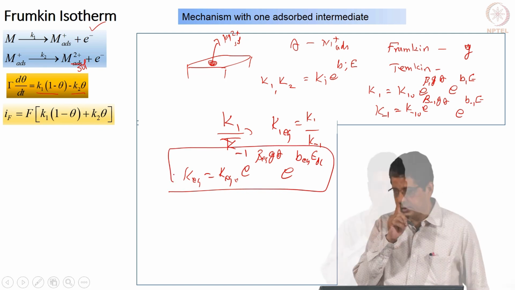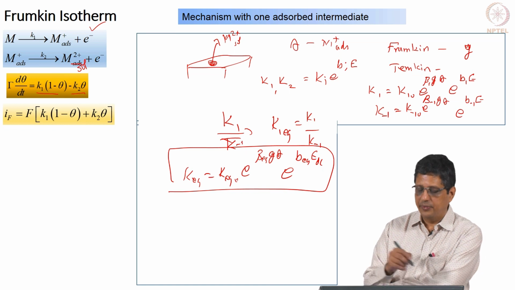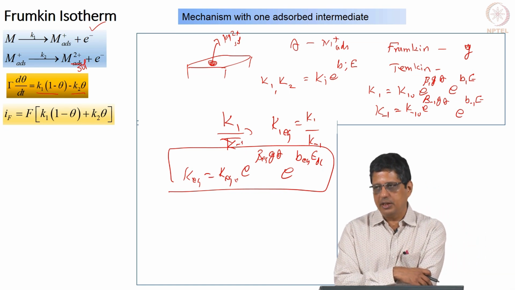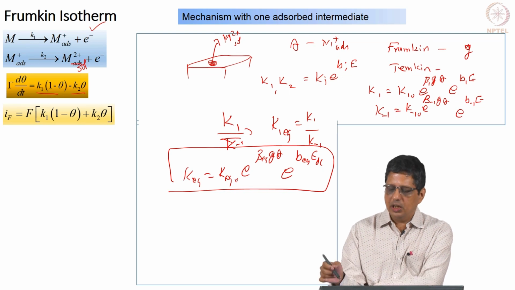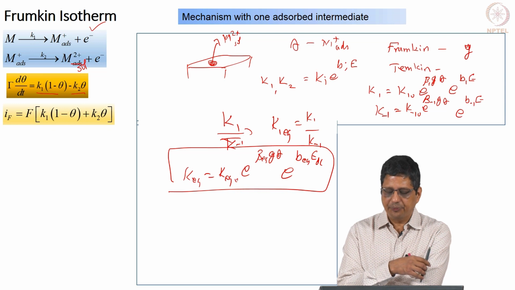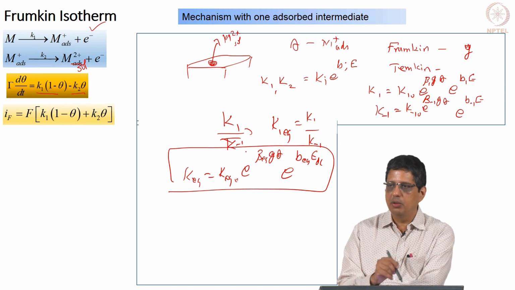At a given DC potential, it is going to exponentially depend on theta, exponentially depend on potential, depending on the value of beta 1, beta minus 1, etc.